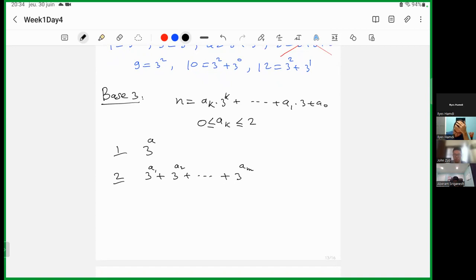So this number that I wrote here is a_k, etc., until a_0 in base 3. So I'm asking you, what's the expression of those numbers in base 3?